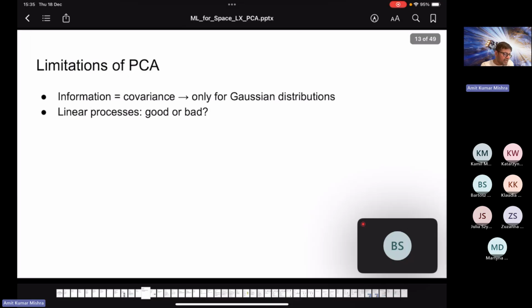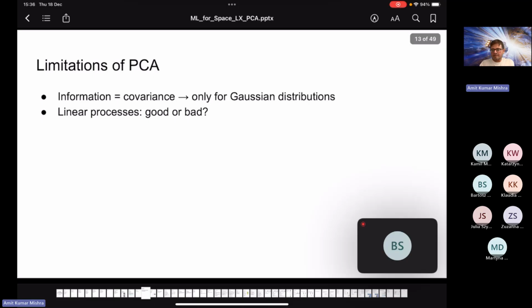And secondly, we have seen that PCA involves only linear processes. You take the matrices, you multiply the matrices, and that's it. Basically, matrix multiplication. If you have an algorithm that has only matrix multiplications in it, roughly speaking, that algorithm is linear. There are a few other rules as well, but more or less, if the algorithm only involves matrix multiplication, it's a linear algorithm.